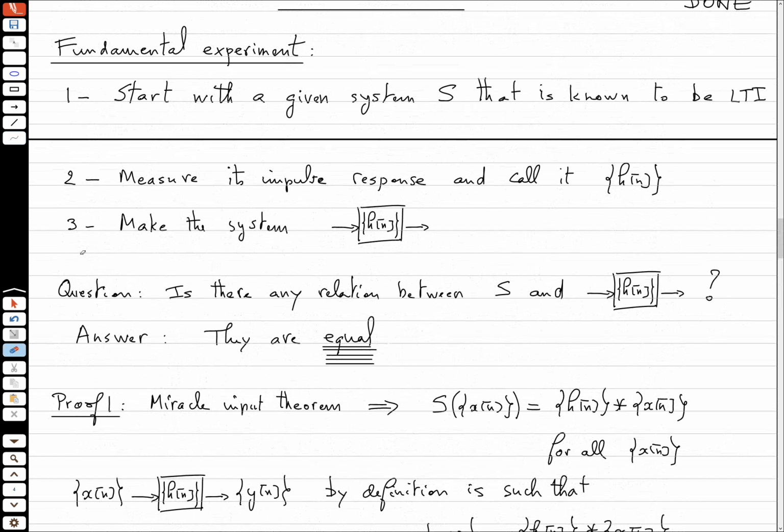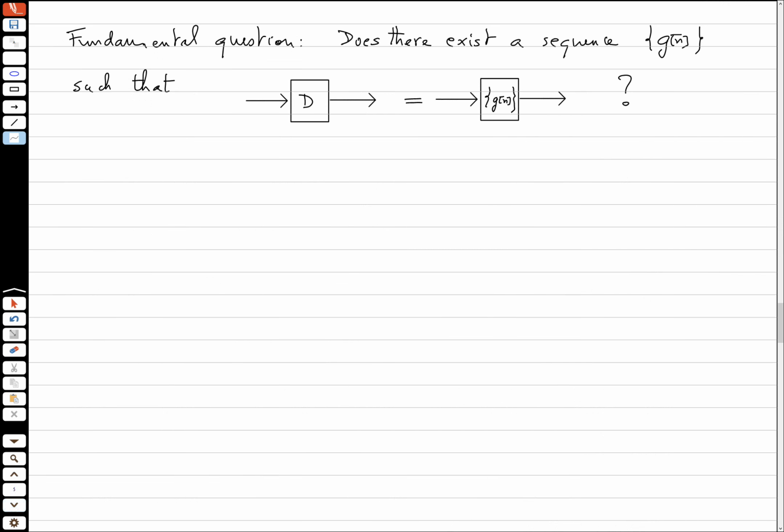Look at these three steps. What does it say? If you follow this procedure, you are guaranteed to find a system that is equal to S. All right? So can you follow this procedure with this system?